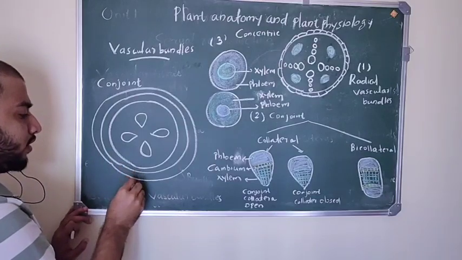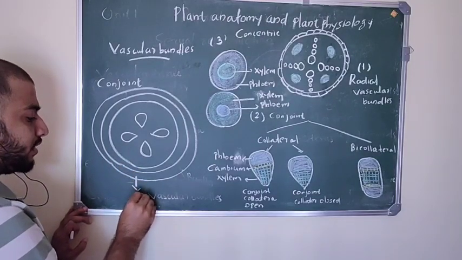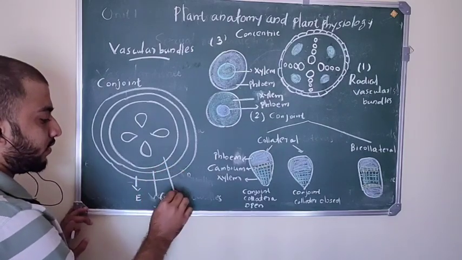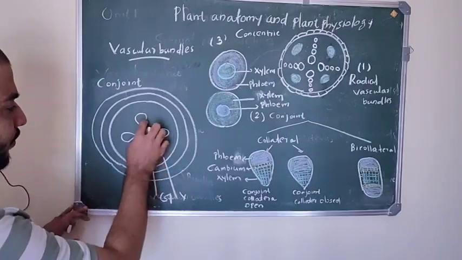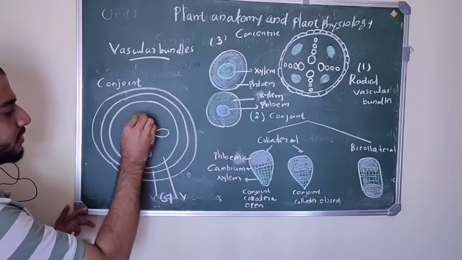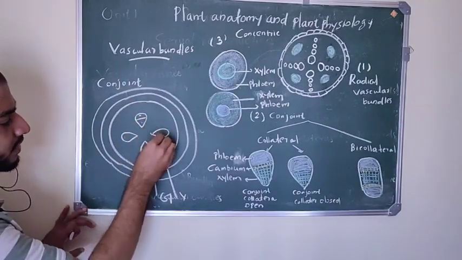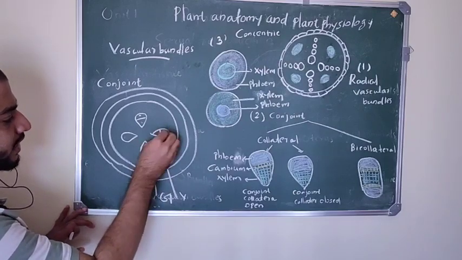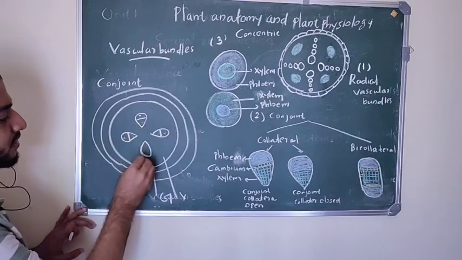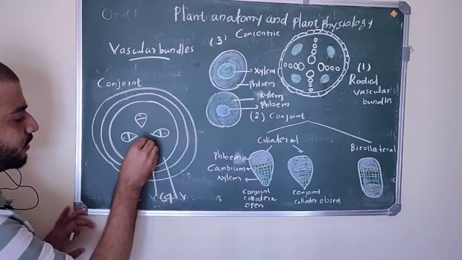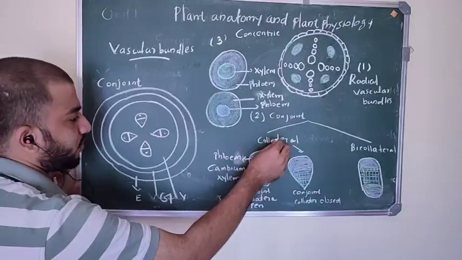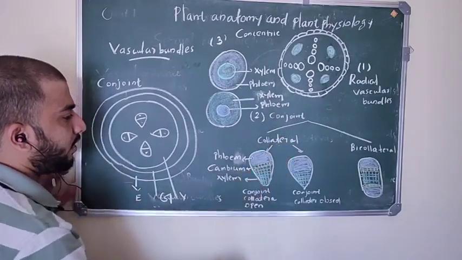The tissue system found in the outer part is the epidermal tissue system, next is the ground tissue system, then the vascular tissue system. In the vascular tissue system you can see vascular bundles, and here they are conjoined bundles because the phloem part and xylem part are in the same radius. Here conjoined vascular bundles are divided into collateral and bicollateral.